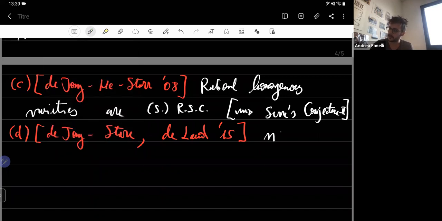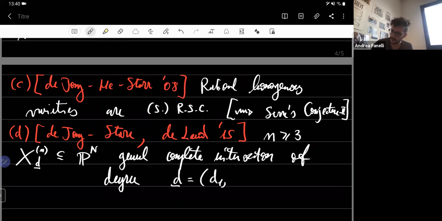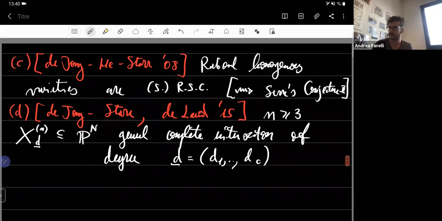So this is n bigger or equal than 3, and you take X_n inside P^N, a general complete intersection of multi-degree d_1, ..., d_c, and n is the dimension of the complete intersection.